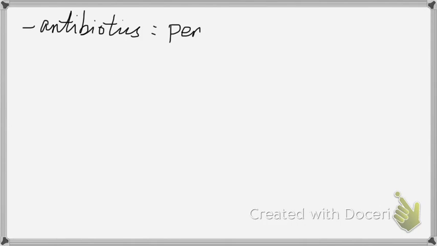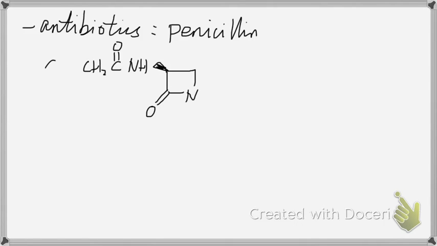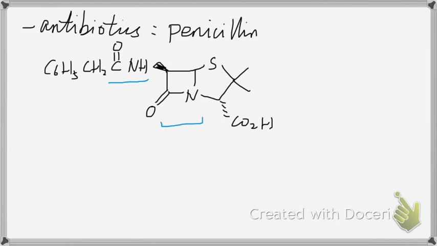Amides are very important because, for one reason, penicillin as antibiotics will have amides in its structure. So the structure shown here is penicillin G. In this structure, there are two amide functional groups present.